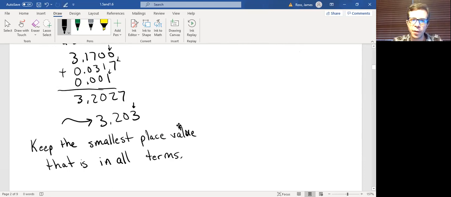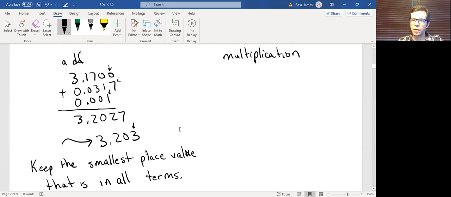Right, so the smallest place value that's in all terms is the 1,000th place. Right, because this could be 0.0012, 0.0015. We don't know because we haven't measured it that precisely. So we can't make a claim about what that 10,000th place is. All right, so now let's multiply them.